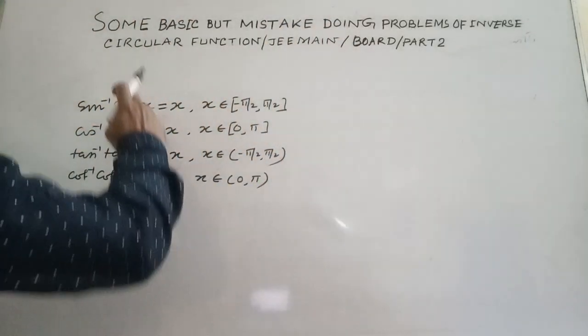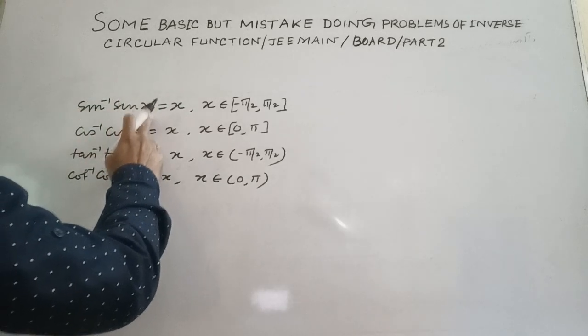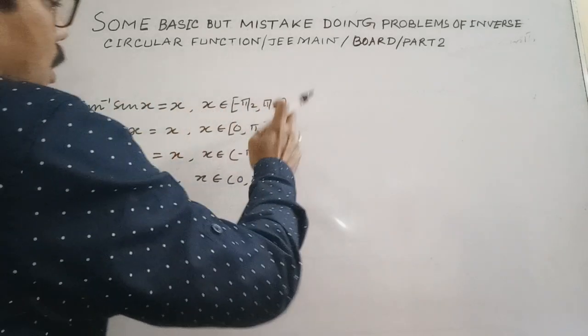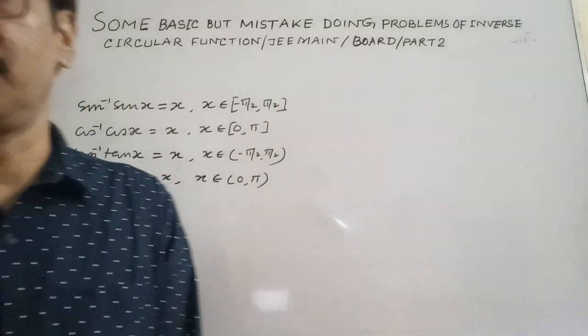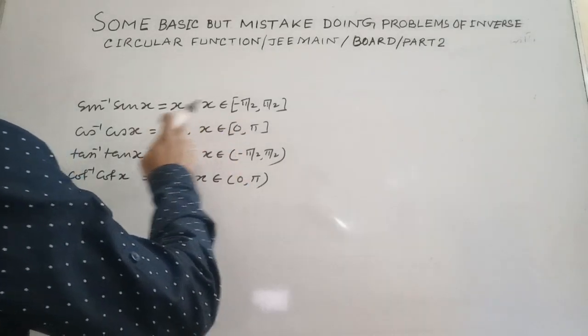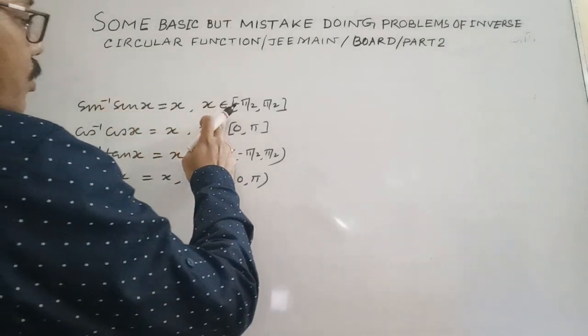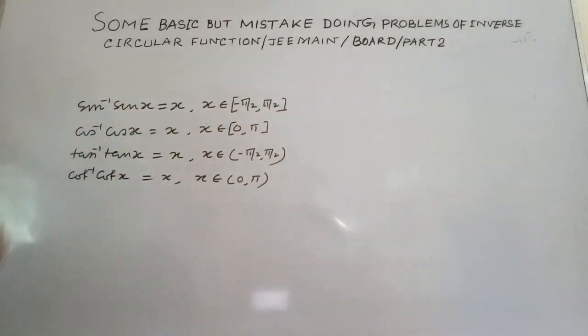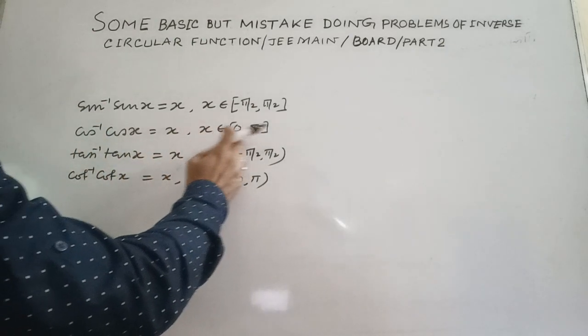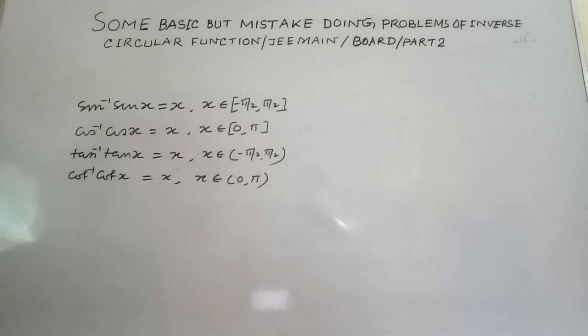Now look at the theory. Sin inverse sin x equals x, in radians, if x belongs to the principal value. What is the principal value of sin inverse x? Minus pi by 2 to plus pi by 2. Cos inverse cos x equals x if x belongs to 0 to pi.